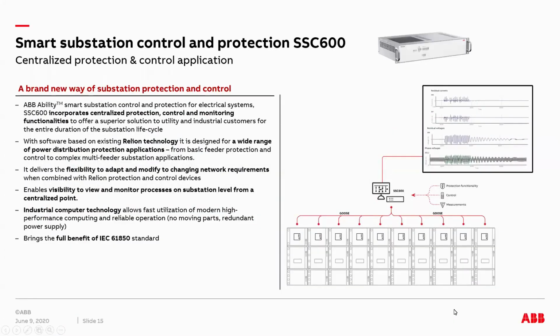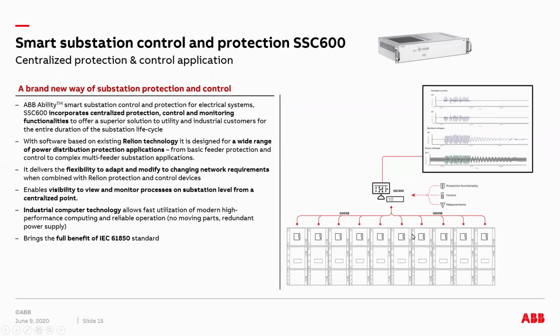The next product we have is the SSC 600, which is a smart substation control and protection. It is otherwise known as centralized protection and control. It's a brand new way of substation protection and control, where it incorporates centralized protection, control, and monitoring functionality, which means you have one device which can protect up to 20 bays, or 20 feeders.